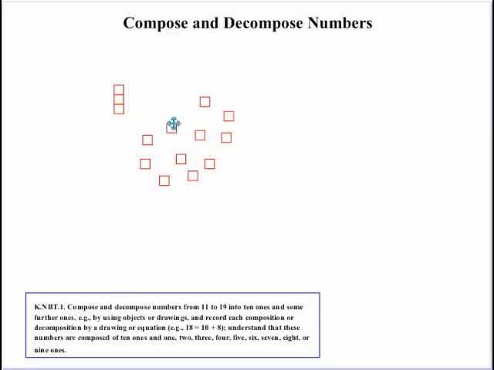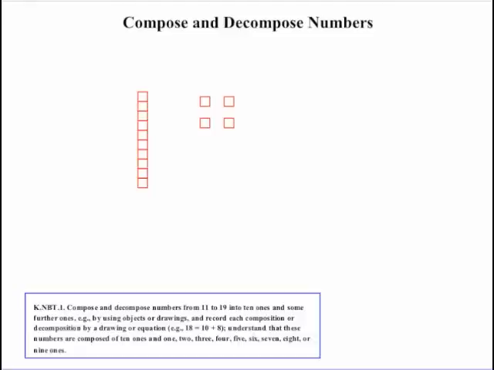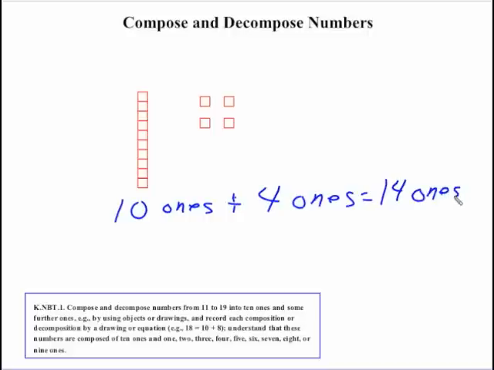We have them go through a process something like this, and they keep doing this until we get to the desired result. So what we now have is a desired result of 10 ones separated off as its own little group, plus an additional 4 ones over here, for a grand total of 14 ones.